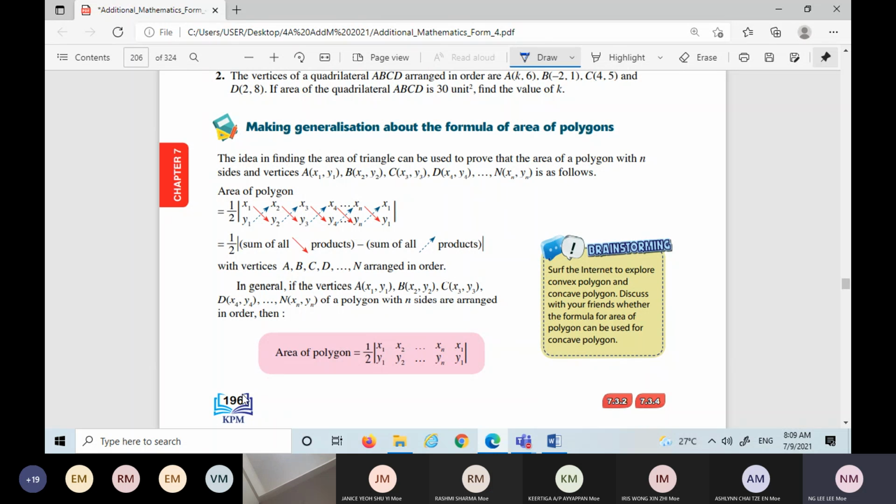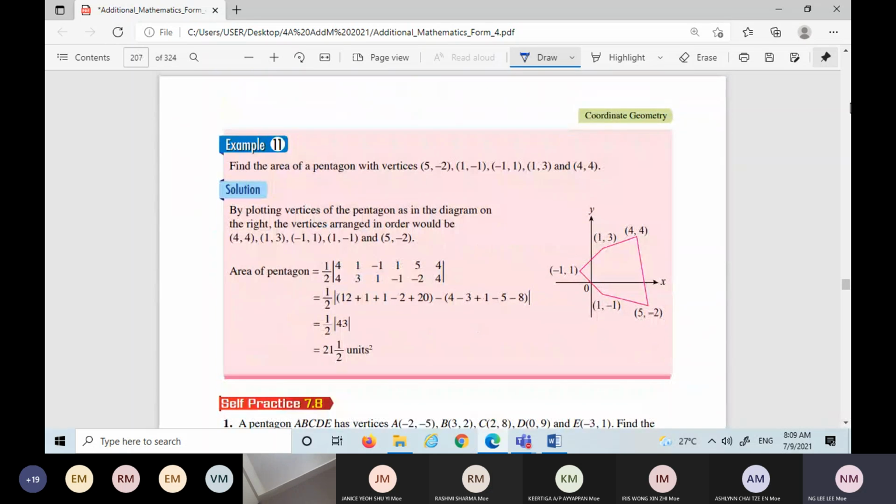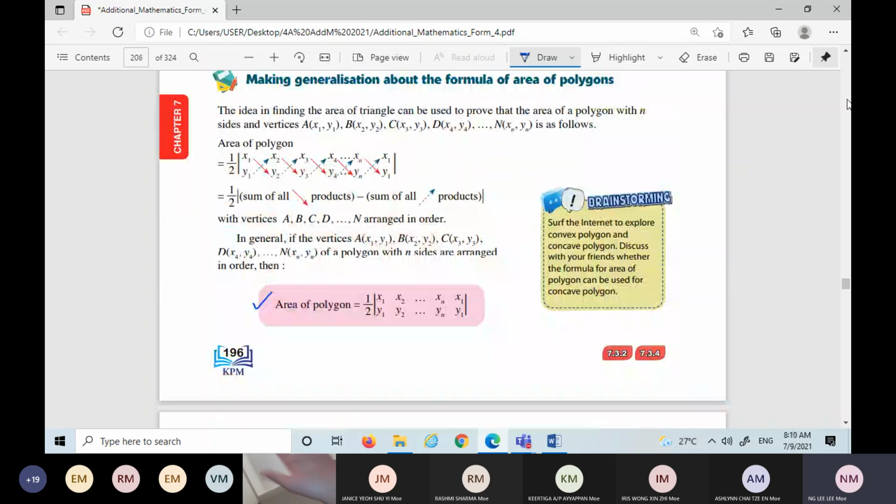If you want, you can copy this. We see one example. For this one you can put the title, area of polygons, followed by this formula.